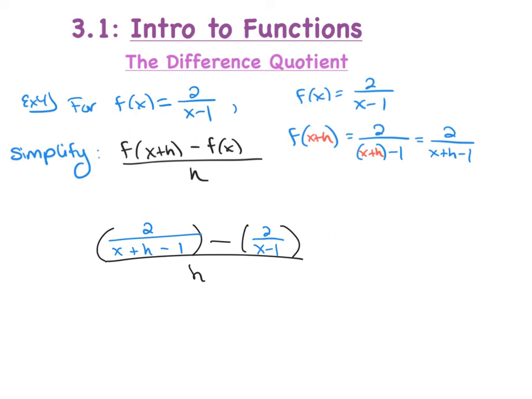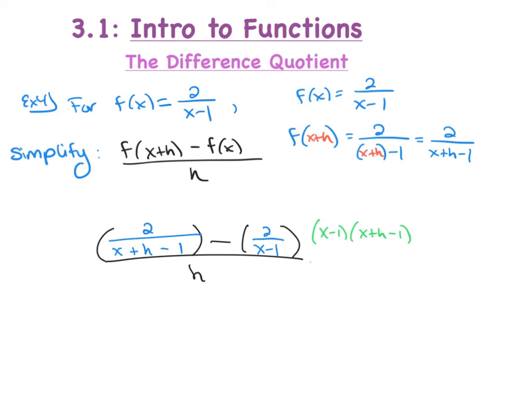In a fraction problem, we don't have as much foiling out to do, but we do have some denominators to clear away. So here's what we're going to do to simplify this fraction. We're going to multiply the entire top by x minus 1 times x plus h minus 1, coming from these two denominators.